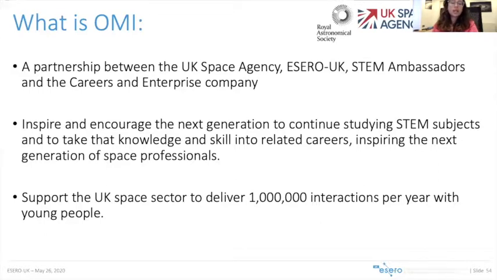And the idea was, before this current situation, that the UK space sector would deliver 1 million interactions per year to young people. So 1 million face-to-face interactions. I suppose if you're talking to a class of 30, that's 30 interactions, and then you log it with the website.